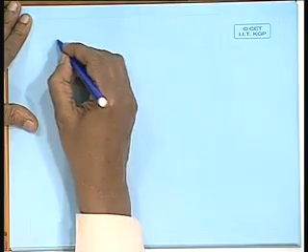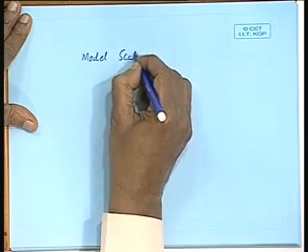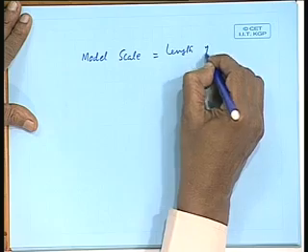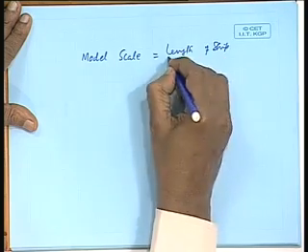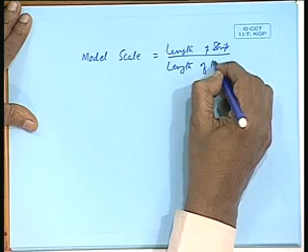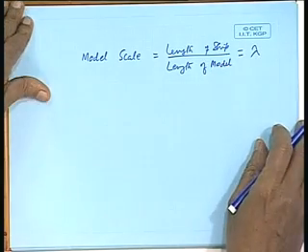So, you come across a model scale, which is defined as length of ship divided by length of model, and generally this is represented by the Greek letter lambda.